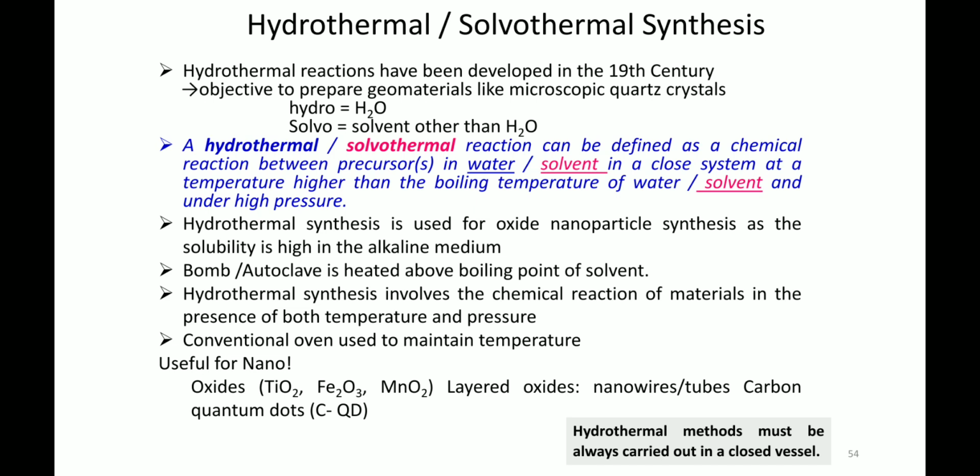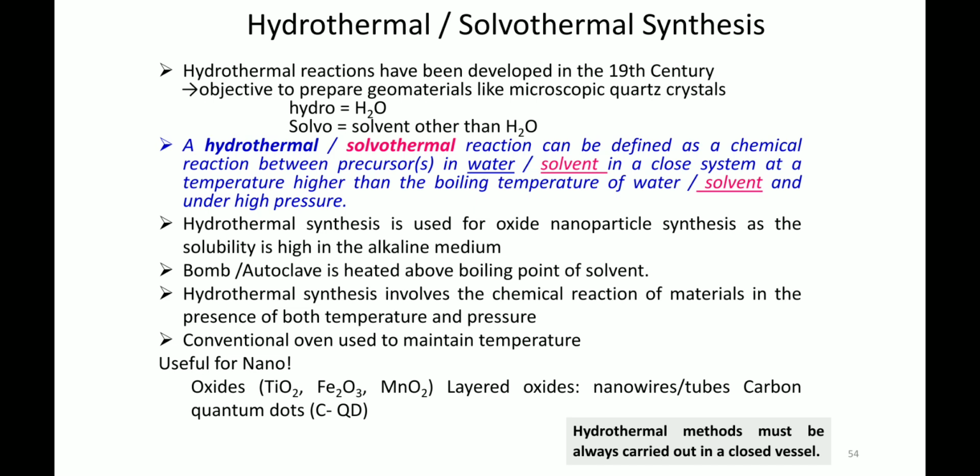If you keep this phenomenon in your mind, then you are able to understand that there are some materials which are not easily possible to synthesize in the normal atmosphere. For that you need to achieve a very high temperature.